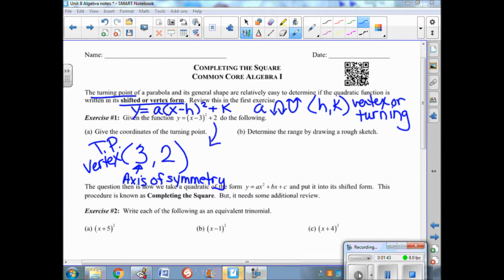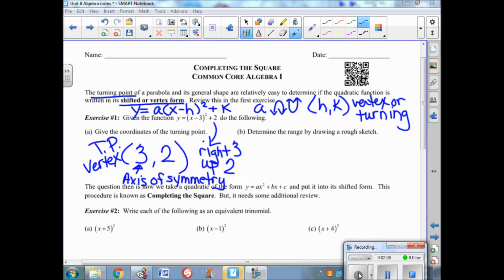And it also tells us the shift of our graph. So from the parent function that had its vertex at 0, 0, our function has been shifted right 3 and up 2. A lot of information you can pull from just that small tidbit of the turning point being 3, 2.